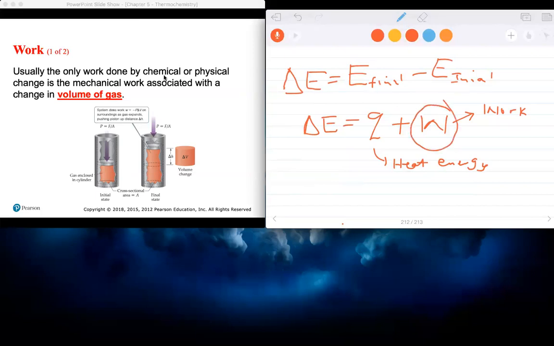This slide is where we are right now. There was an example here. Look at the PowerPoint slide.